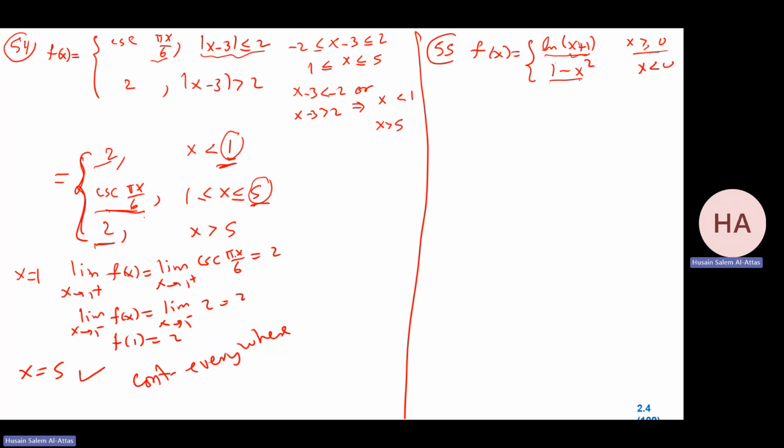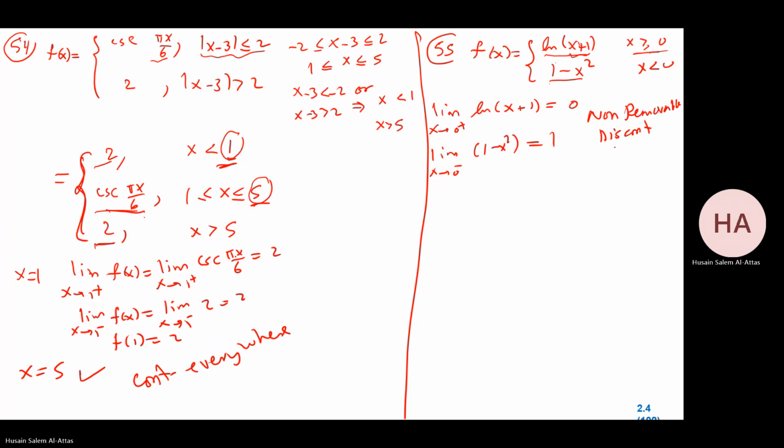And this is the continuous function. Just need at the 0, limit as x goes to 0 from right. I'll take this. That will be ln 1, which is 0. Limit as x goes to 0 from left, I have 1 minus x squared, and that is 1. So we have a non-removable discontinuity at x equals 0.